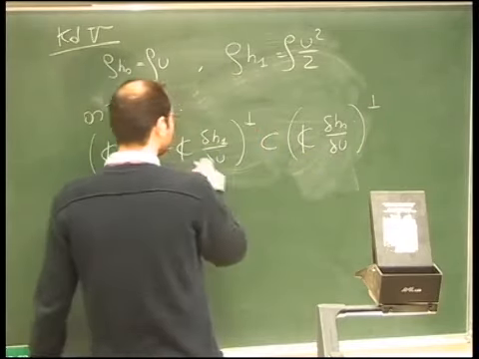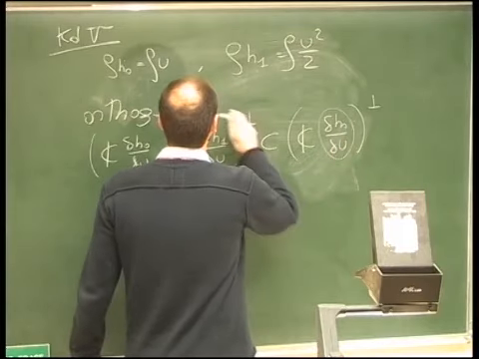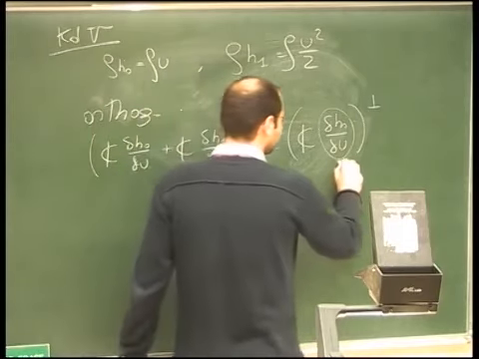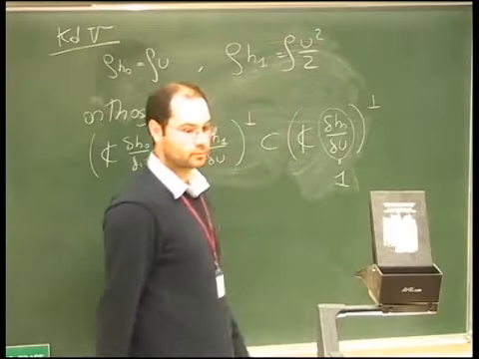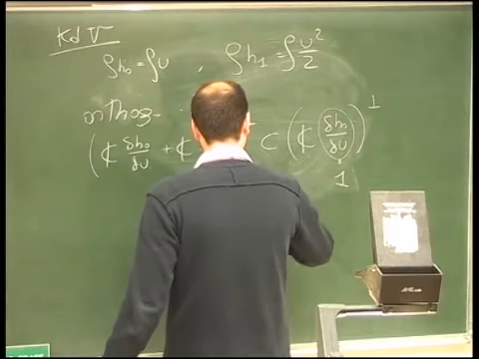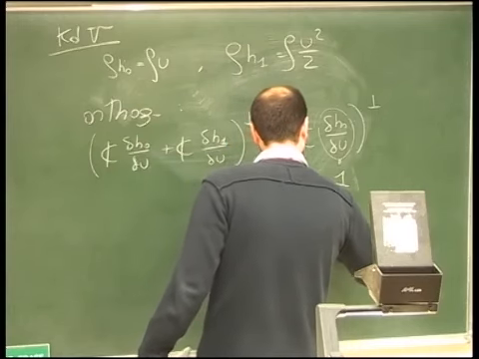Something orthogonal to both is also orthogonal to only this. And the variational derivative of H0, in this case, is a function only of U, so it's the same as the usual derivative, which is 1. So we are asking, what is orthogonal to 1? What is a function f such that the integral of f times 1 is equal to 0?